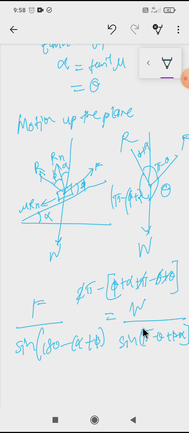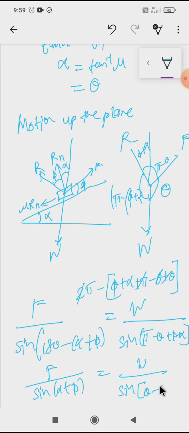If I add or subtract pi to the sine, it doesn't make any difference here. So subtracting, the 180 pi will get cancelled, and we are left with sine alpha plus phi equal to W upon sine theta minus alpha plus phi.